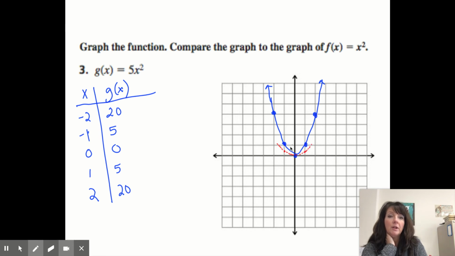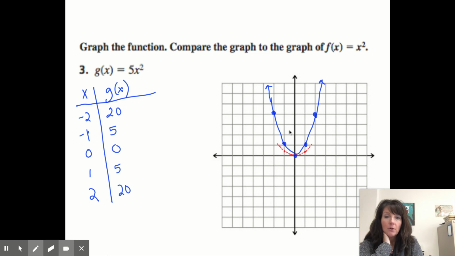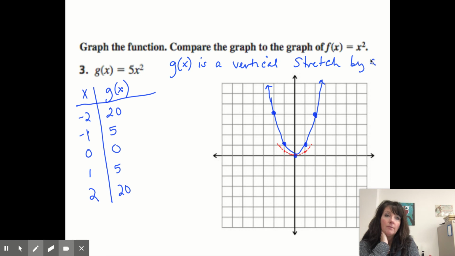You can see that the blue one is kind of pulled up. It's kind of like a stretch. So to describe that, I will say that they both have a vertex of 0, 0, but my g of x right here is a vertical stretch by a factor of 5 of the parent function f of x.